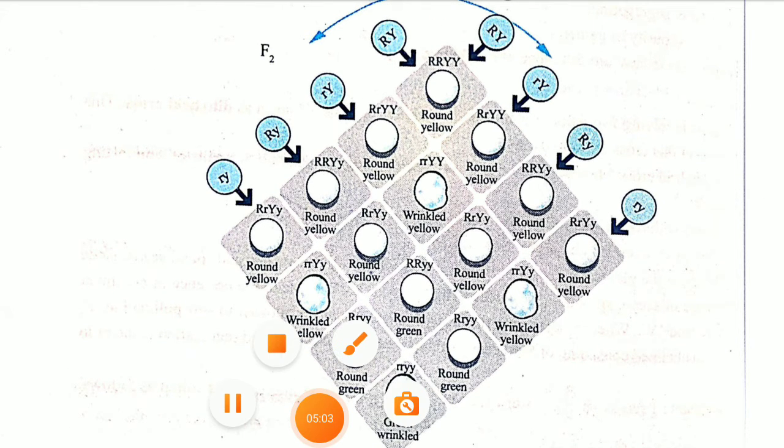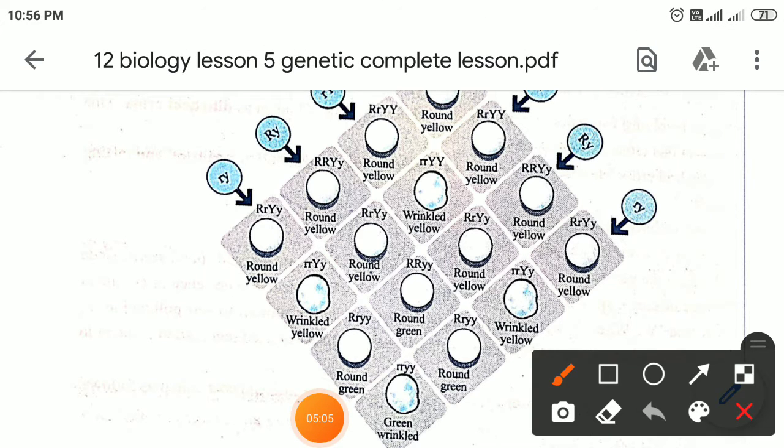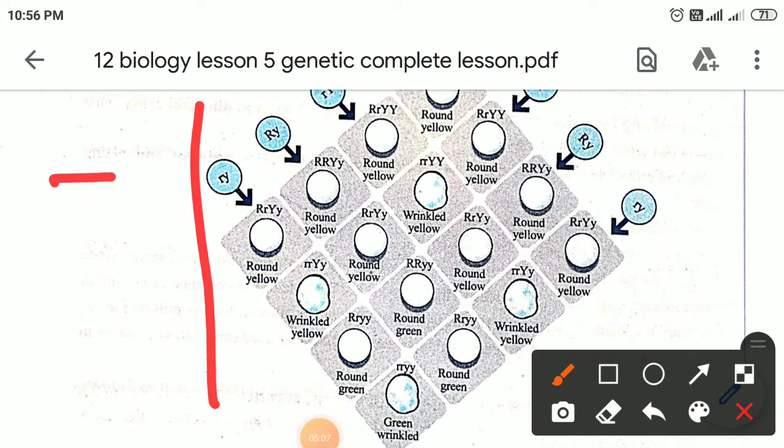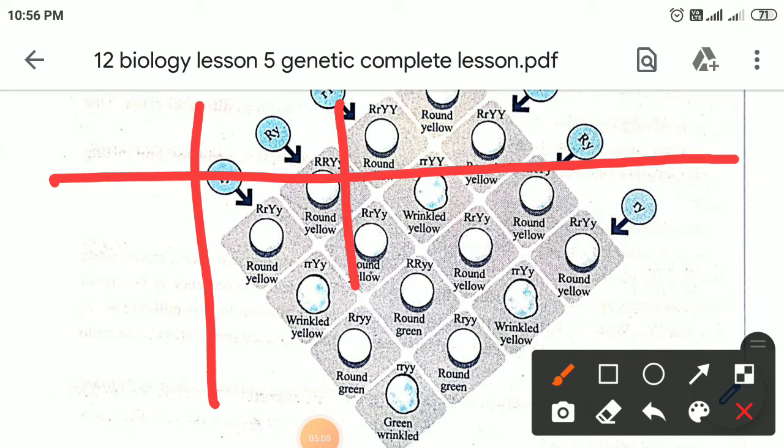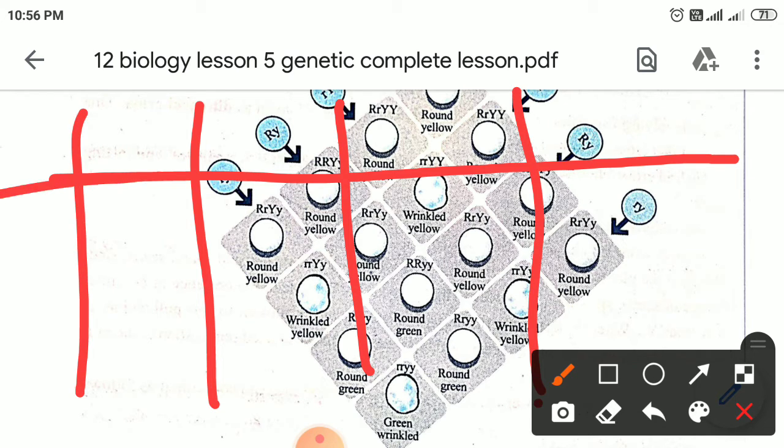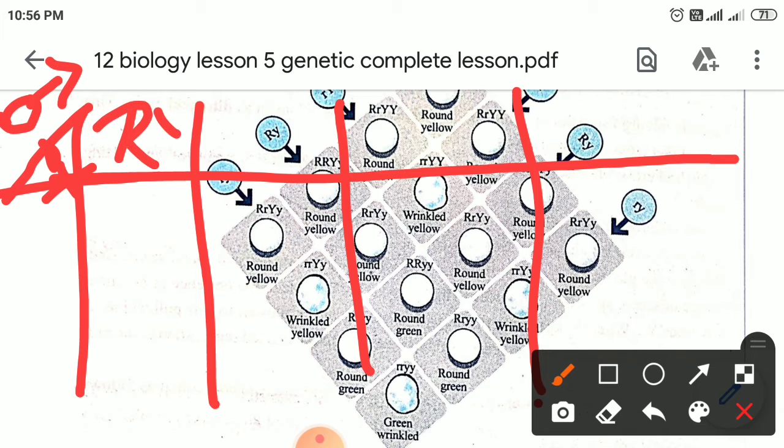For this, children, you can make the tabular form also, as I can show you here. Always, children, we are going to show male and female at the left hand top corner. After that we will show the contrasting characters.